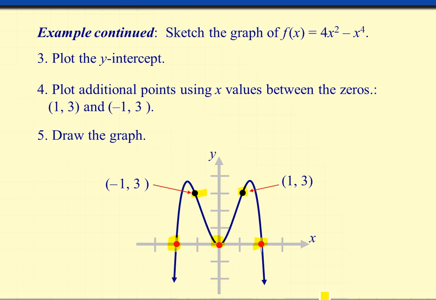Now, notice also that we have 3 turning points. Here's turning point 1, here's turning point 2, here's turning point 3. Since the degree was 4, we could have predicted at most 4 minus 1, or 3 turning points, which is what we have.